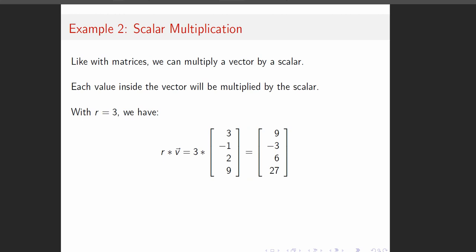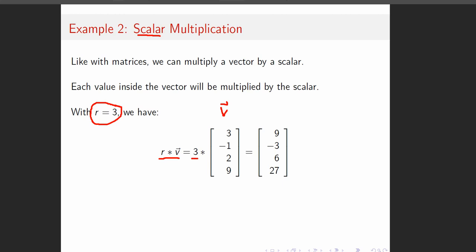Well, the next thing we're going to talk about is scalar multiplication, right? So we're going to take a value, again, usually a real number. A scalar can be a complex number, but again, we're taking a number times the vector. Okay, and what do we do when we do R times the vector V? Well, this is in fact the vector V right here. The 3, -1, 2, 9 is the vector.